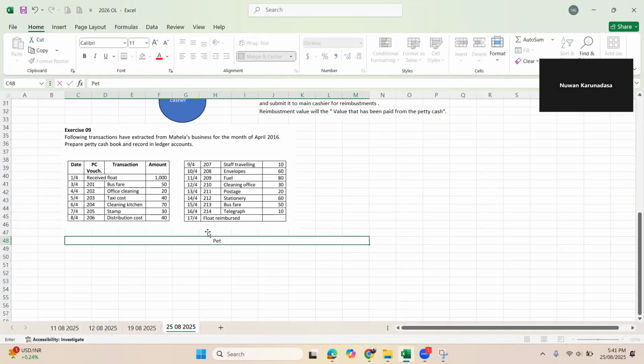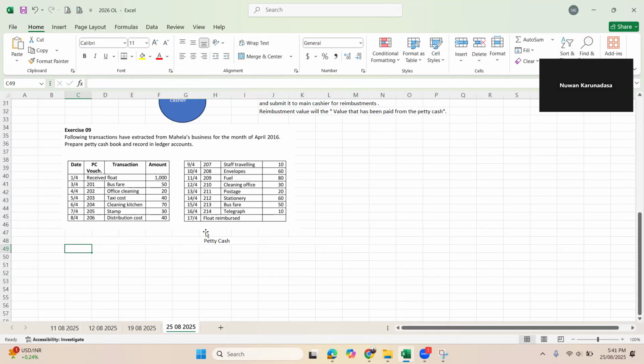So we'll draw the format of the petty cash book. You must remember the table formats, right?